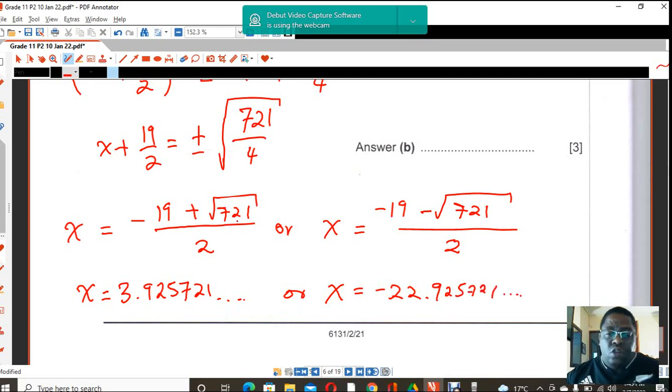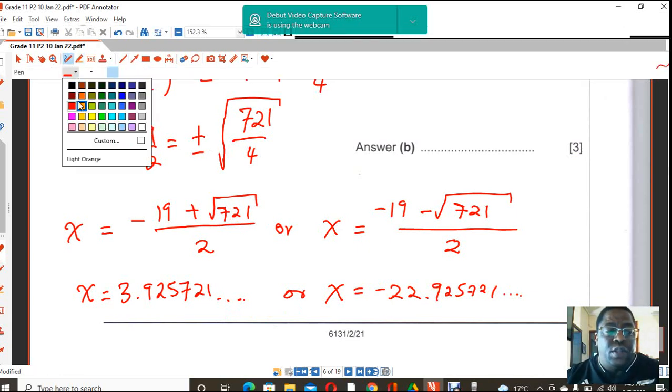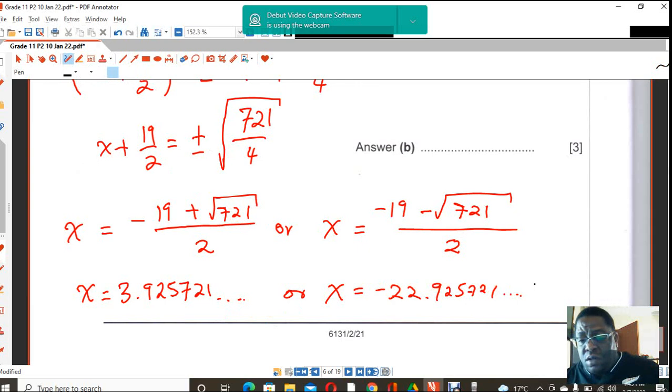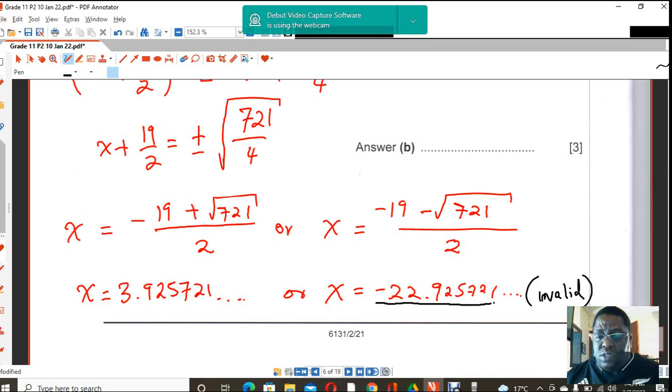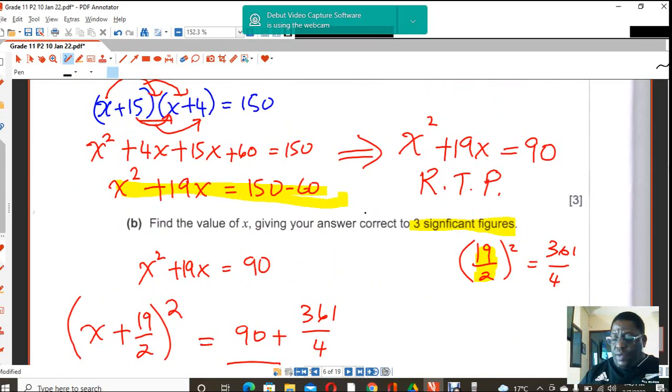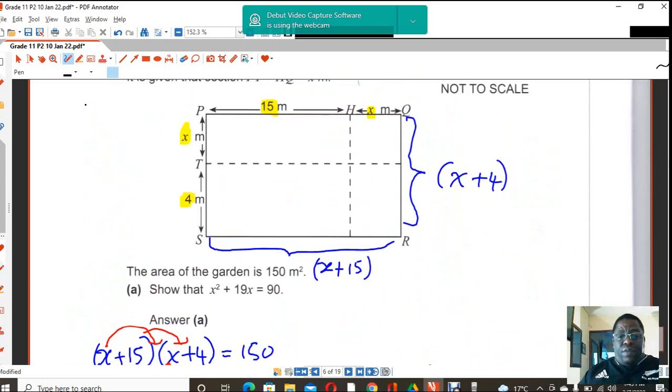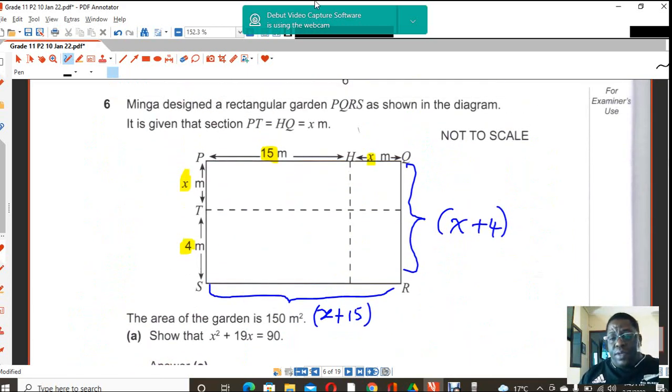So before you even continue, you must realize that this answer here is invalid. It's not going to help us much with our answer, because distance can't be negative. If you look at your diagram here, you see the value of x is all the way up here, and there's no way that can be negative.